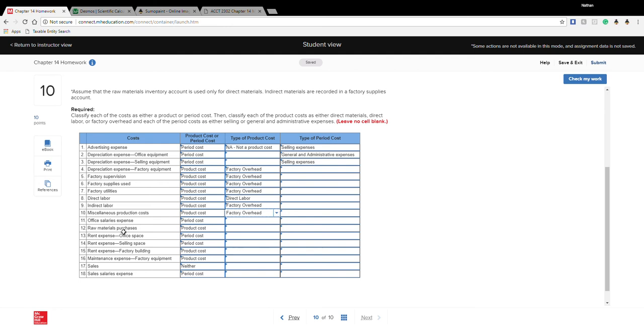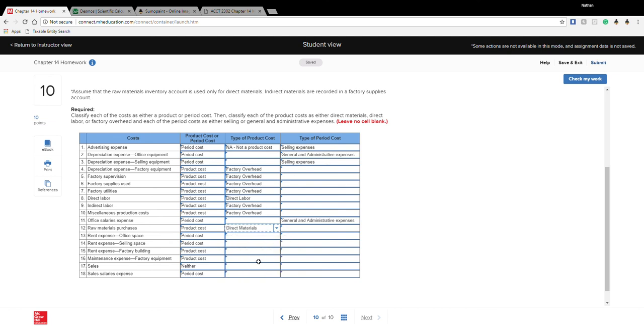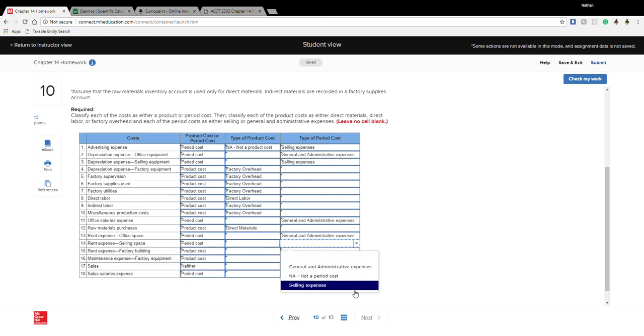Office salaries, of course, it has office. If it has office, it's usually G&A, general and administrative, so we don't have to worry. Raw materials, direct materials, office space, G&A, selling space, selling, factory building, again that's rent, it's overhead, maintenance on factory stuff, again overhead, sales, since it's neither, we have nothing there except for NAs, so make sure you put your NAs for both.